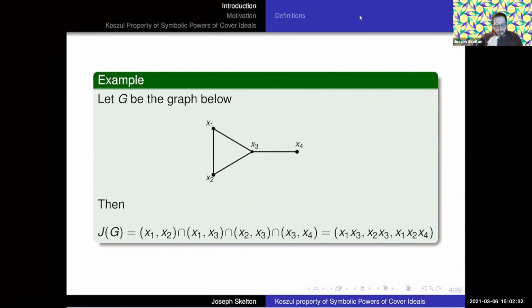When you intersect all of them, you get this, and each generator is a vertex cover. That means each edge touches one of these vertices. And then each edge touches one of these vertices, so that's the second generator. And then each edge touches one of these, which is the last generator. So that's a cover ideal.